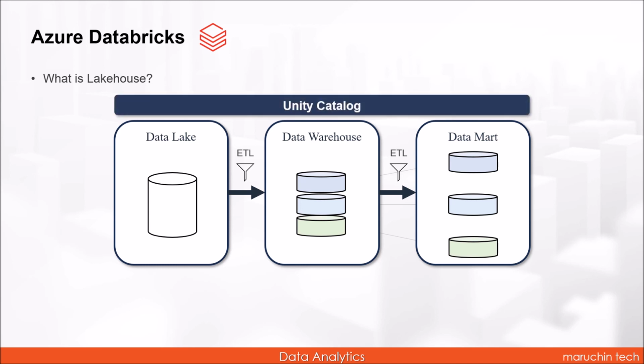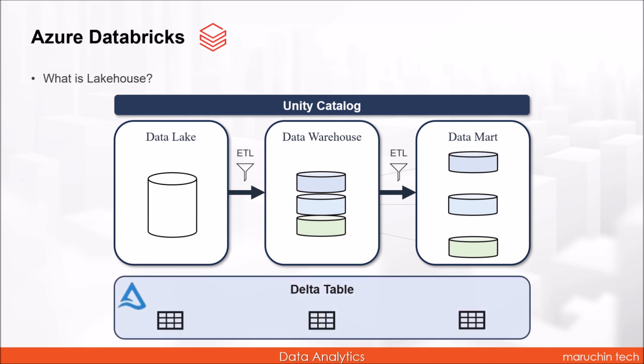Azure Databricks provides a unified data governance feature called Unity Catalog, and this allows for managing various data types and schemas. The data is then converted into a Delta table, which manages the schema of the data. And Delta Lake, a feature of the Delta table, cleans the data by eliminating missing values and duplicate data.